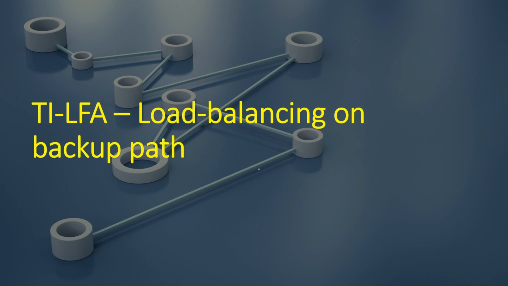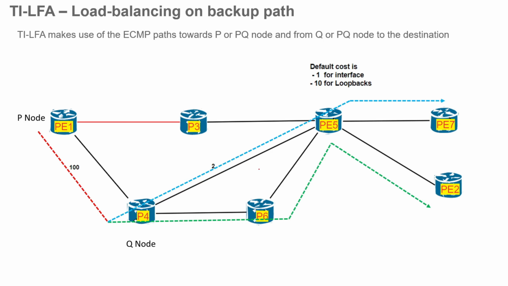Load balancing on the ECMP backup path. If we have any ECMP path towards the PQ node or from the PQ node towards the destination, in this scenario the router can load balance over the backup path.